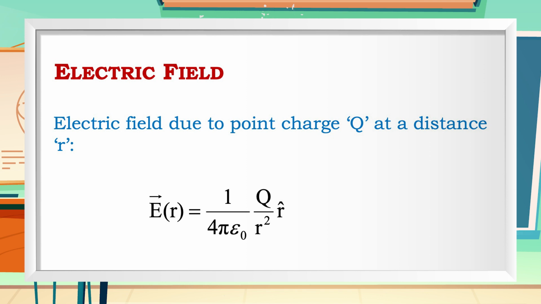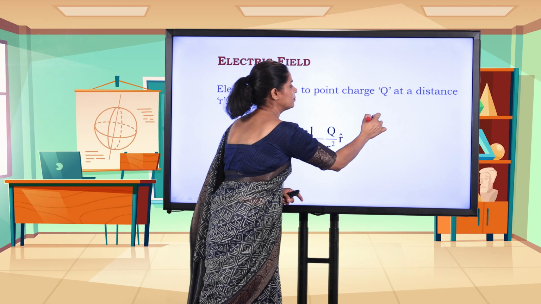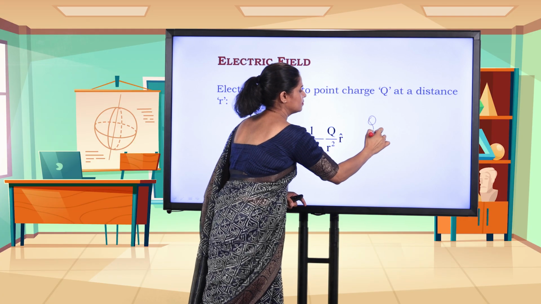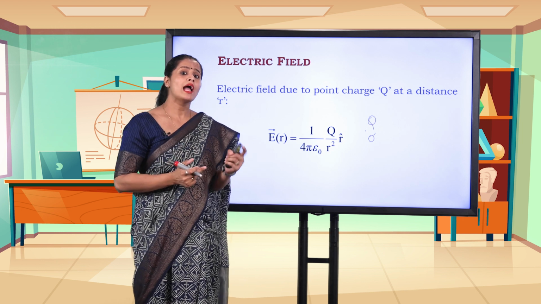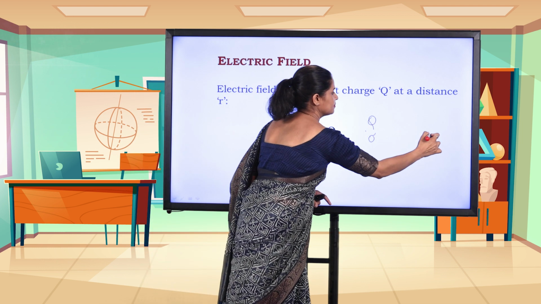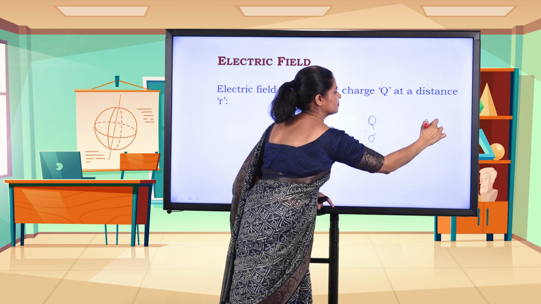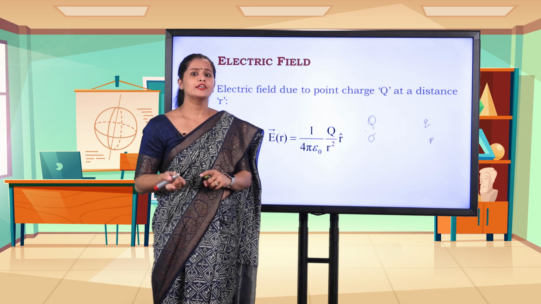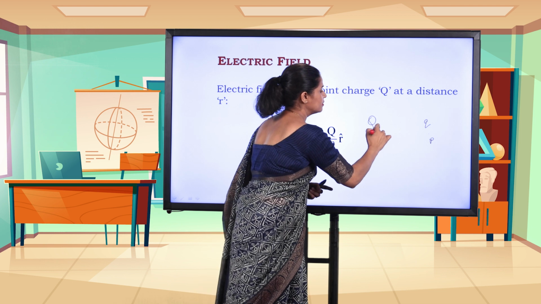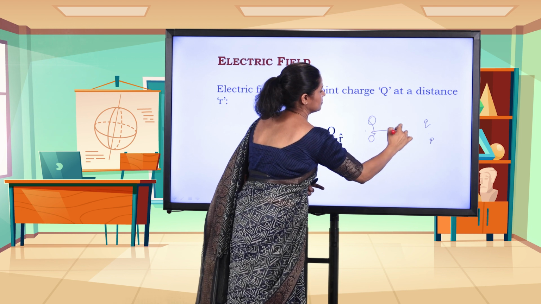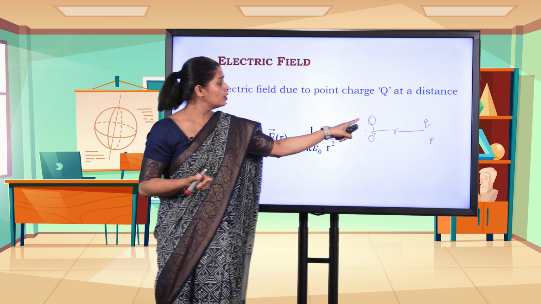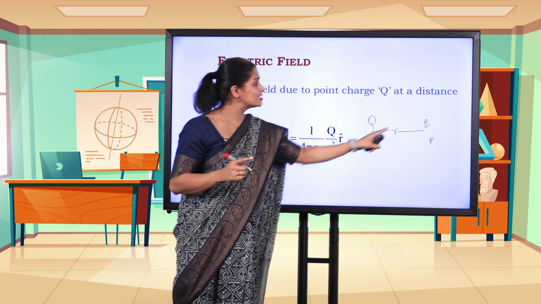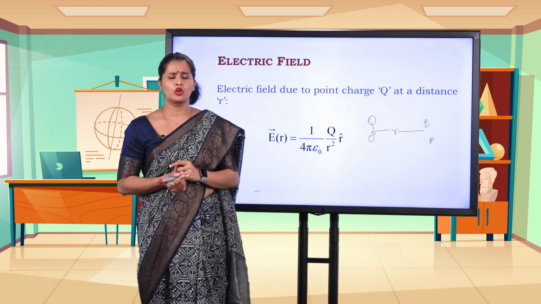Let us consider a point charge Q placed in vacuum at origin O. If we place another charge q at point P such that OP is equal to r, then the charge Q will exert a force on small q as per Coulomb's law.